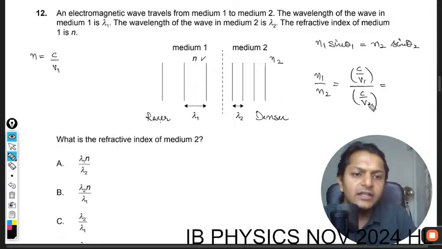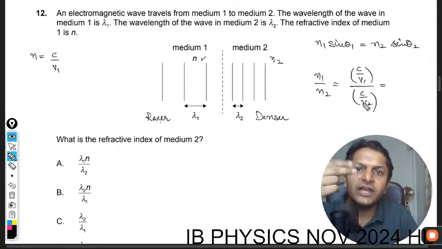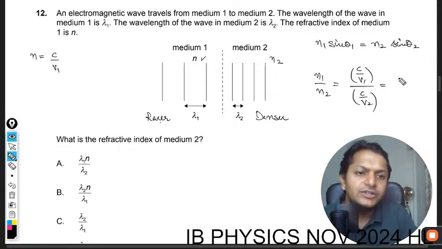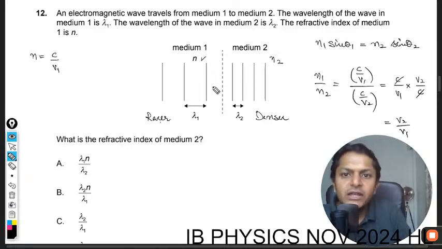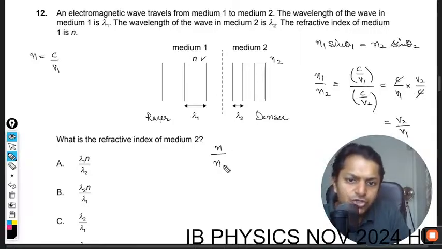Then the reciprocal of the denominator can be multiplied with the numerator, just a simple tool in arithmetic. So v2 by c, and c and c get cancelled out, so the formula will become v2 by v1.